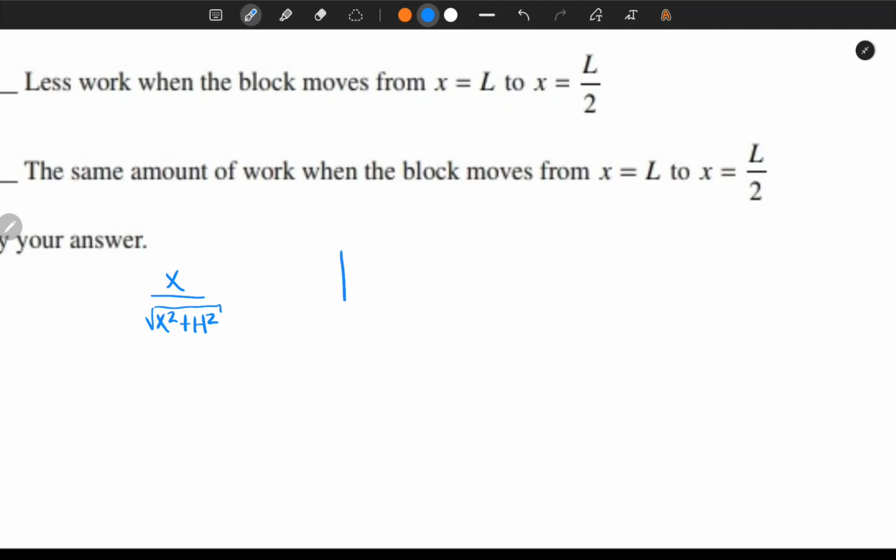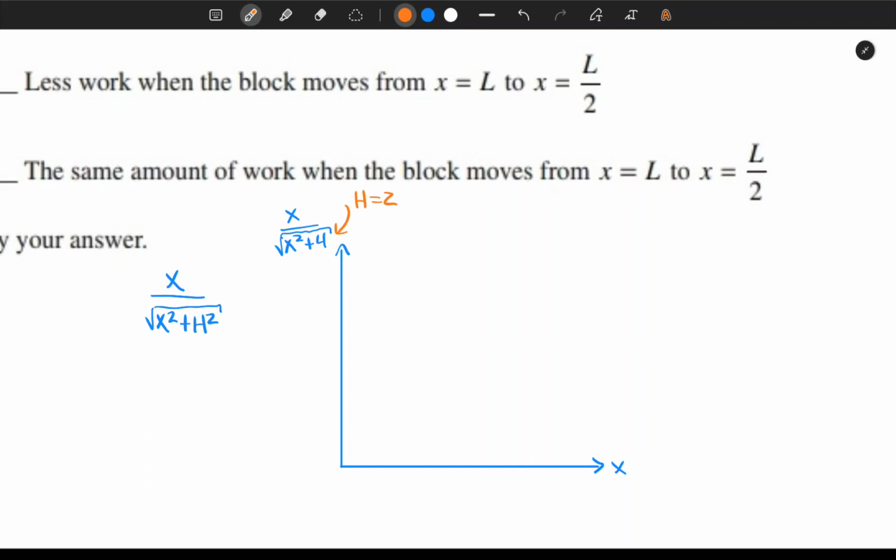You get a plot which increases linearly for small x. So this is x, and this is x over the square root of x squared plus 4. So here we're using that h is equal to 2. I use h equals 2 just because that's my choice.